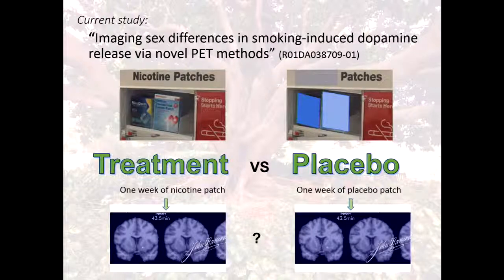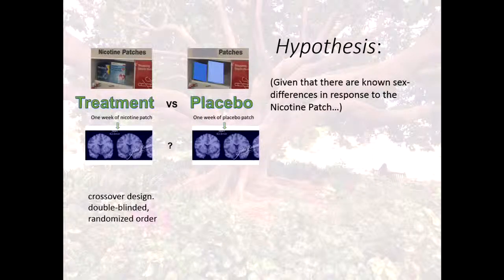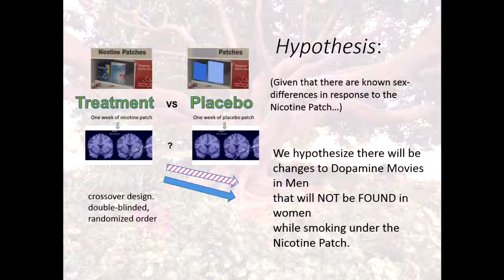All right, so here's our design. Treatment versus placebo. The treatment is the nicotine patch. It's both men and women. It's randomized, double-blind, and crossover. The hypothesis is that, given the differences in why women smoke, and I should have said this, men are 1.5 times as likely to respond positively to the nicotine patch, we hypothesized that there would be some difference in these movies on and off the nicotine patch between men and women.